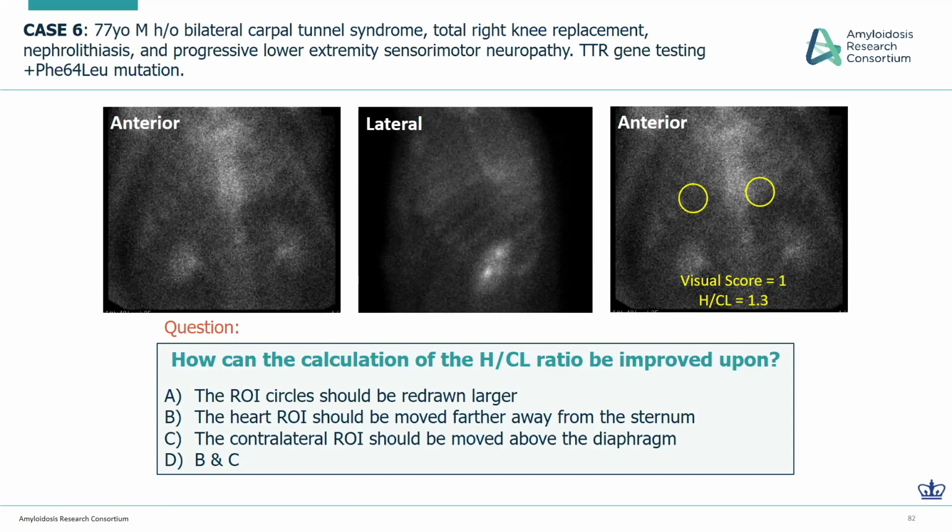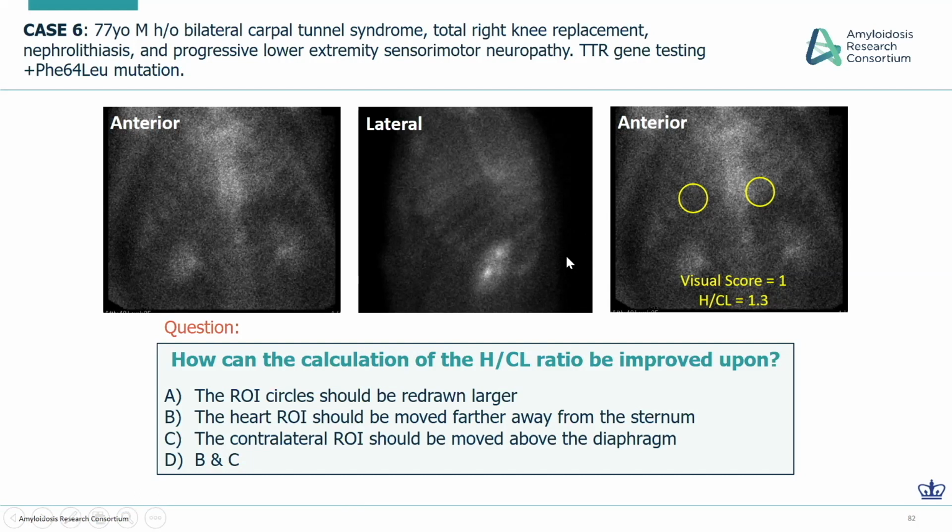Right. So over here, when we look at it, there's very minimal uptake in the myocardium on the anterior view, and same on the lateral view, very minimal uptake. And the counts are a little off because of the renal stones. The counts are sharp, so all the other counts are a little down in the myocardium. But when we look at the heart to contralateral ratio, the regions which are drawn are off.